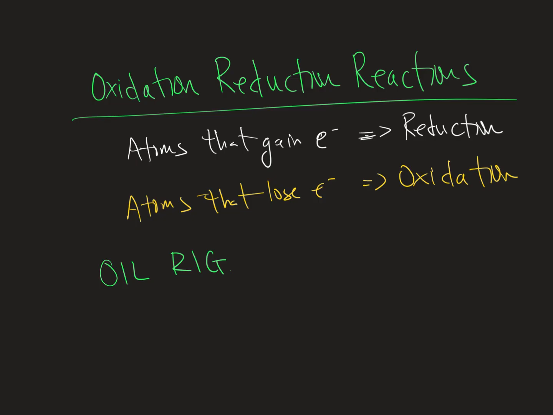So oxidation reduction is when we have a transfer of electrons. We okay so far? We kind of just talked about that last time. That's not new. It's review. Do you remember when we talked about oxidation reduction reactions last time? Why we call it oxidation reduction?